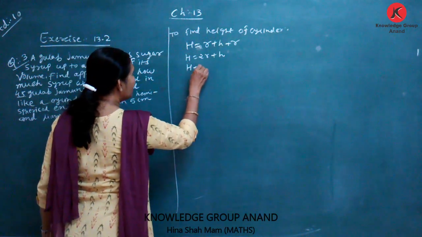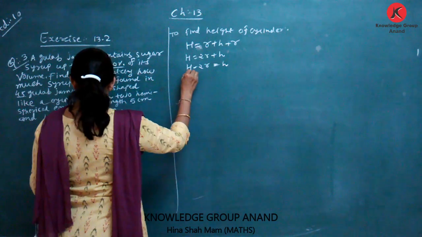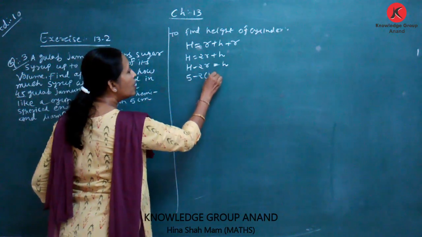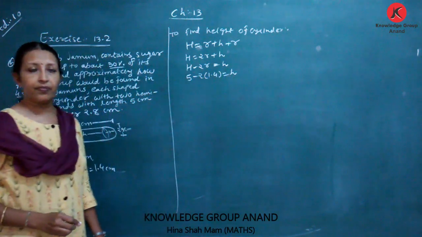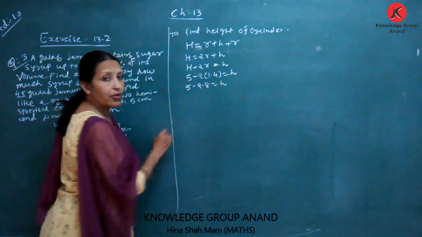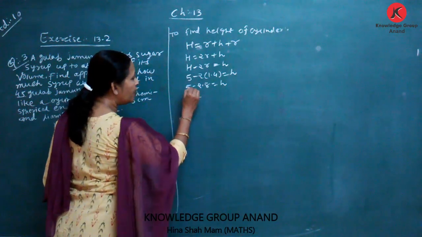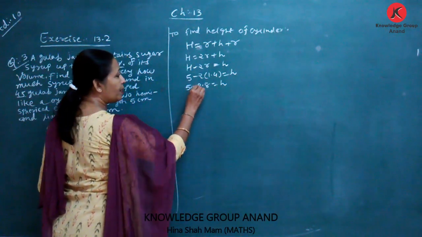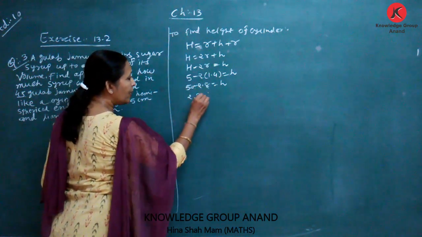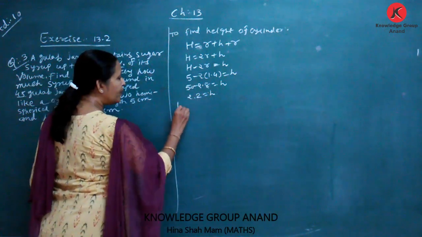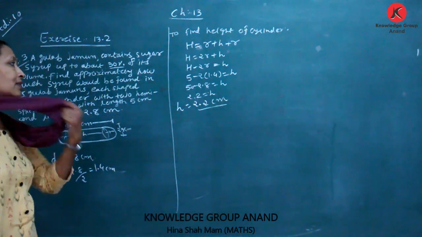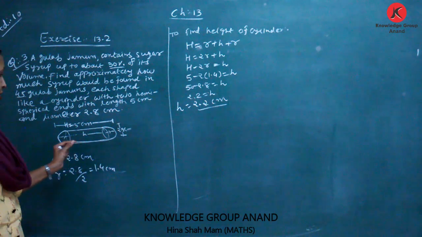H minus 2r is equal to h. Capital H is equal to 5 minus 2 into r, which is 1.4. Then we find 5 minus 2.8 is equal to h. 5.0 minus 2.8 is 2.2. Therefore, h is equal to 2.2 centimeter.